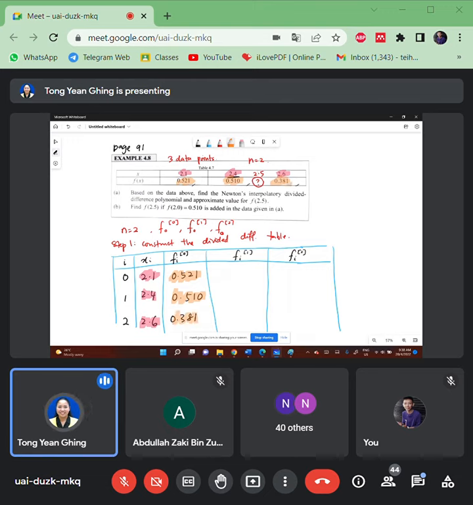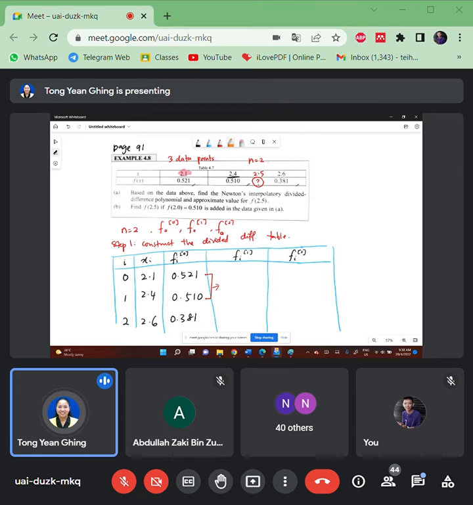Okay, now we want to find the divided difference untuk, let's say, consider these two. Remember apa yang kita kena ambil. Ya, tak apa. Saya just keluarkan ni lah. Okay. Now we consider these two. So remember macam mana dah?